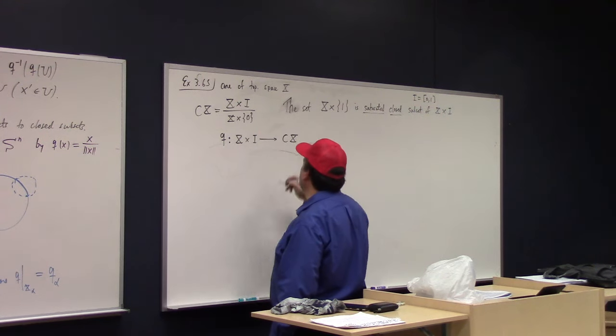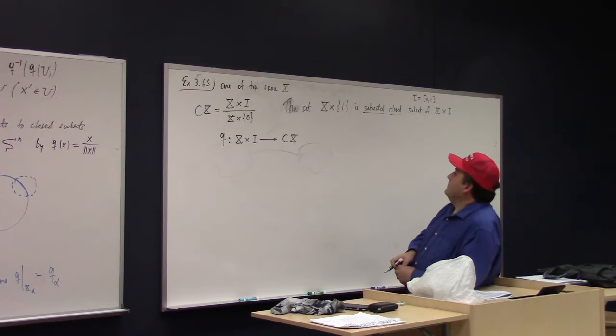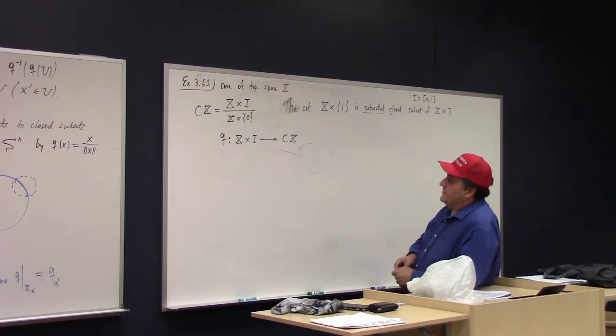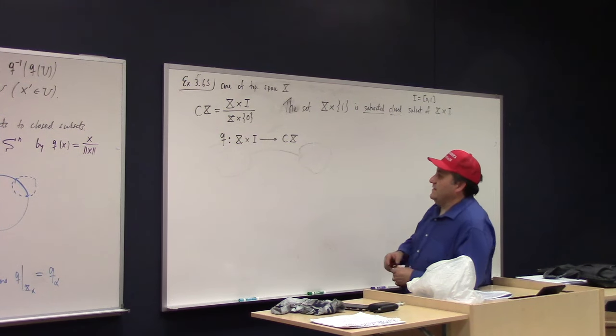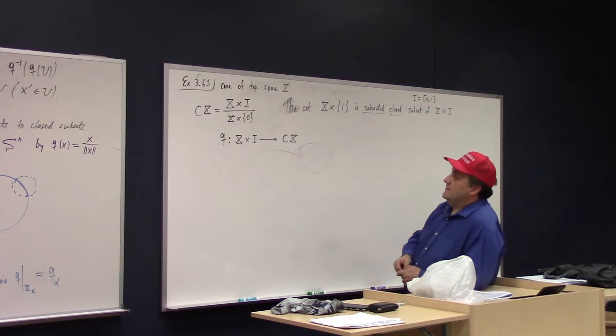I think so. He says X cross 1 is a... I'm trying to remember what the equivalence was there. Oh. So that gets squished. Anything in that set is equivalent to anything else in that set, right?